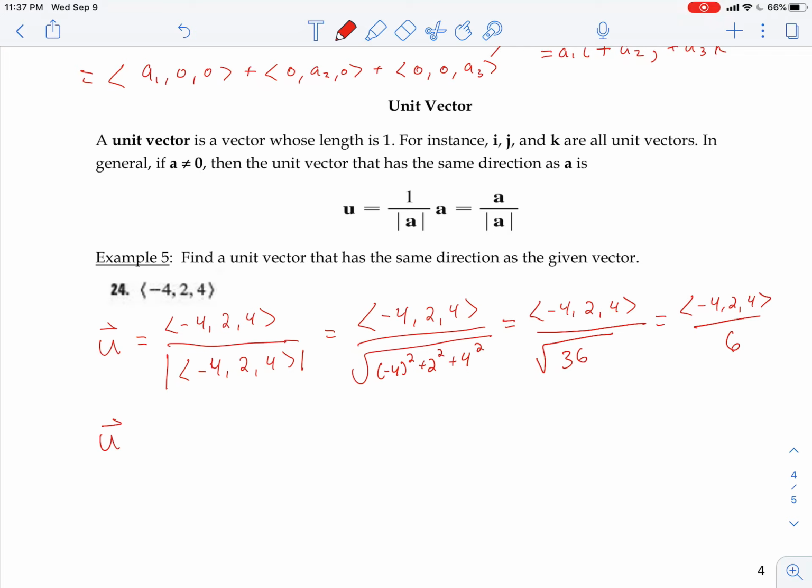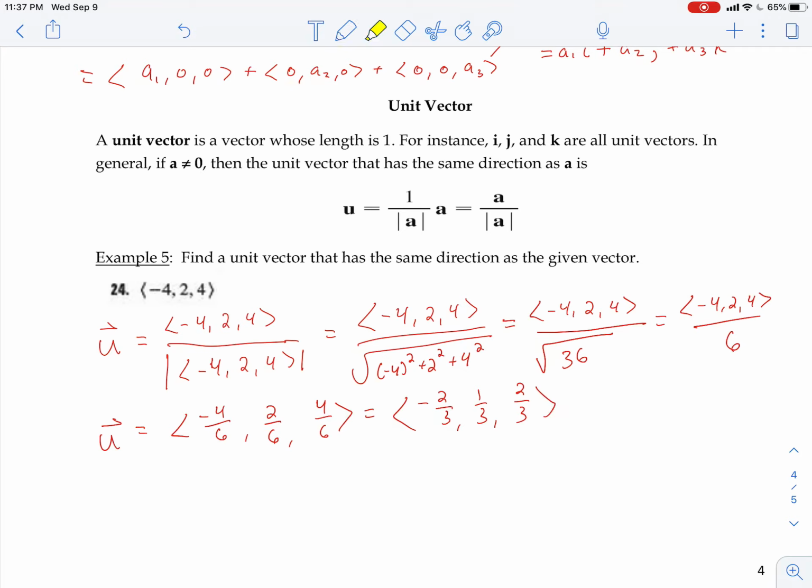So therefore, my unit vector is just negative 4 divided by 6, 2 divided by 6, and 4 divided by 6. And of course, we can reduce that to be negative 2/3, 1/3, and 2/3.